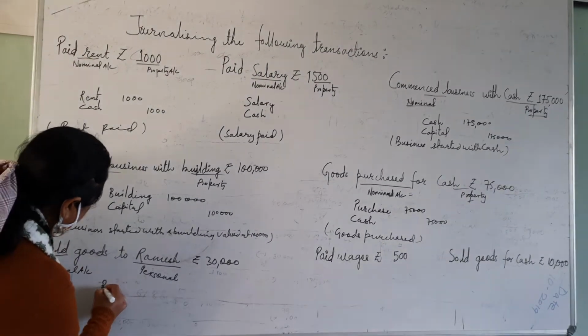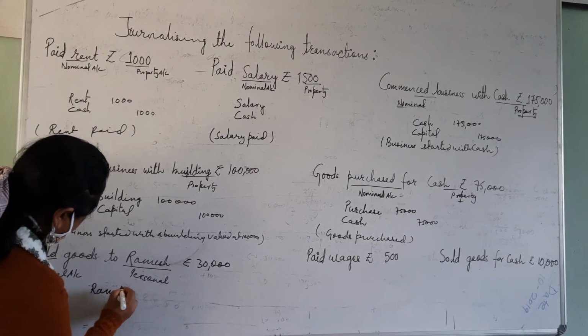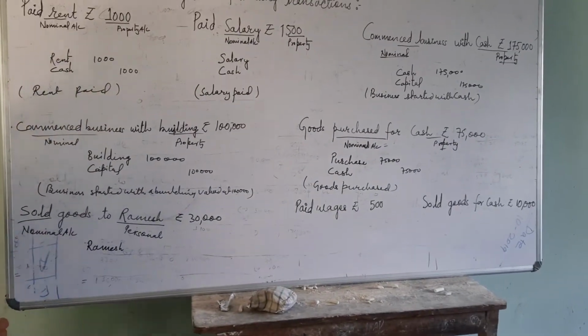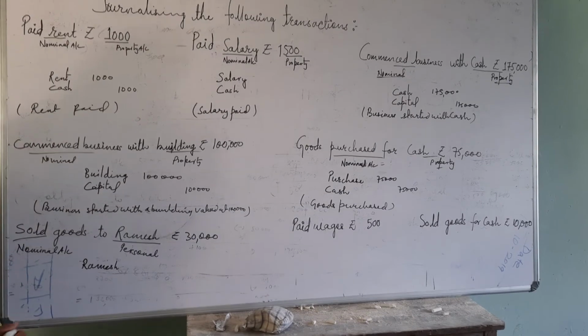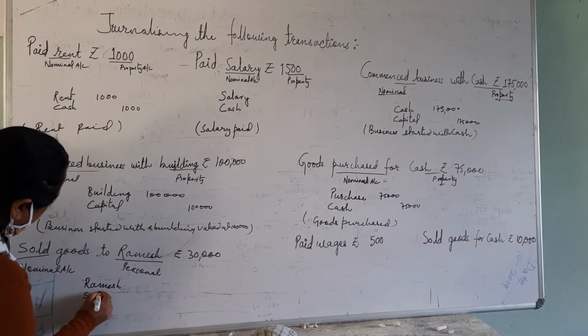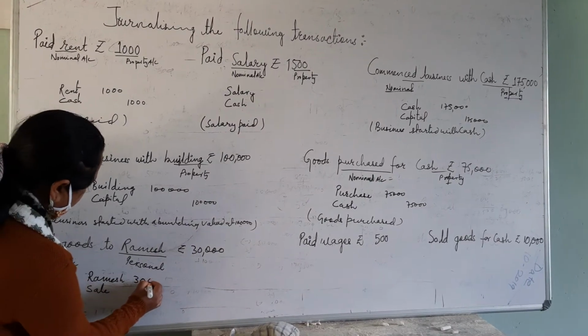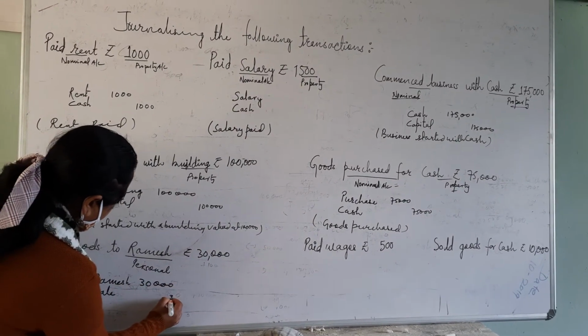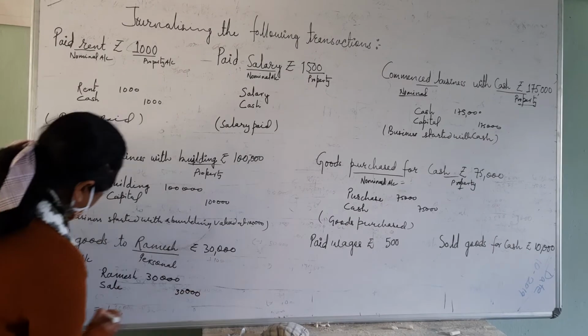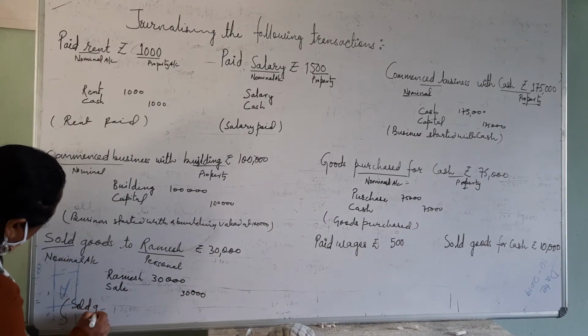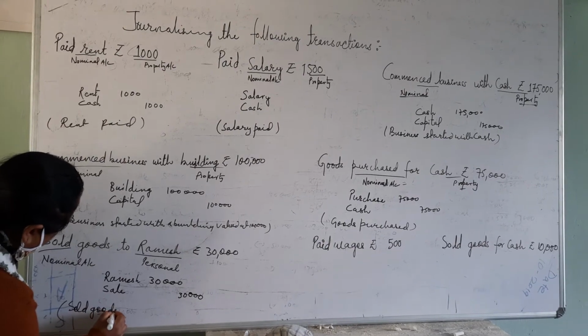So we write Ramesh account, and in the second line we write sale. Understood? Amount 30,000. So we write here sold goods on credit or cash?